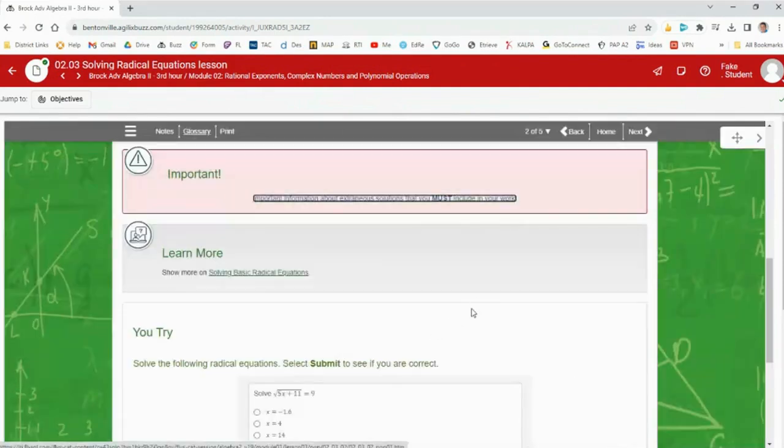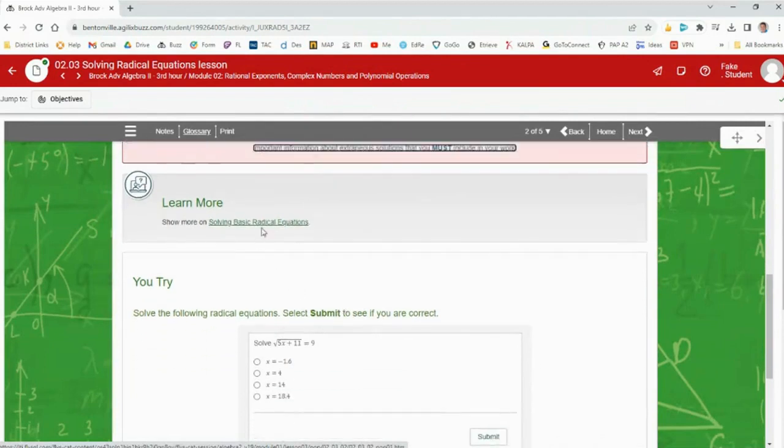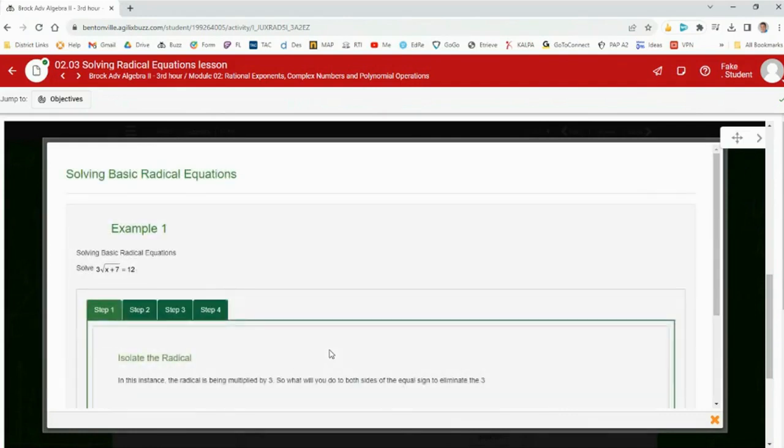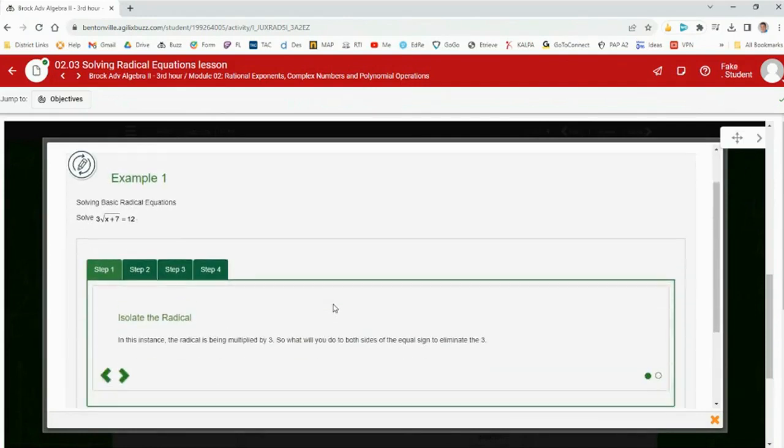So, all right. Learn more on solving basic radical equations. Let's see what other information they're hiding in this link. Okay, so this is just another step like this. We have 3 on the outside. 3 times the square root of x plus 7 equals 12.